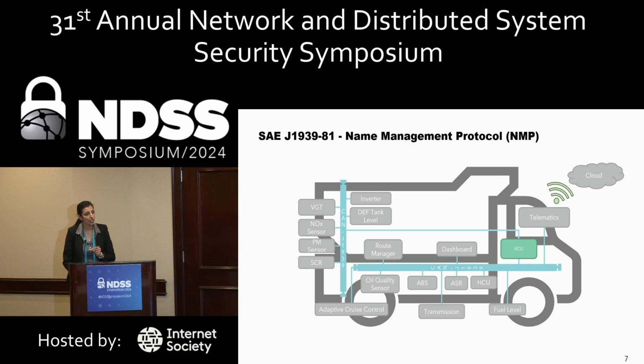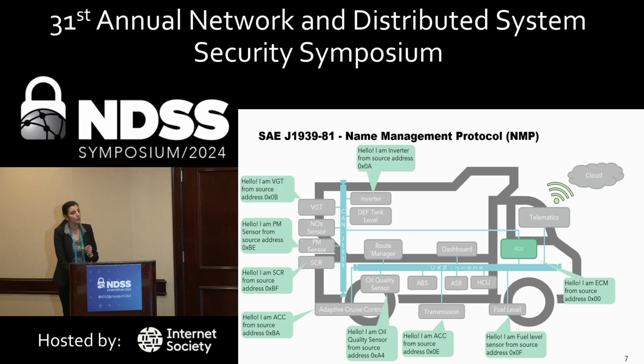The name management protocol works like this: any device on a vehicle network begins participation on a J1939 network by announcing its source address and name onto the network.